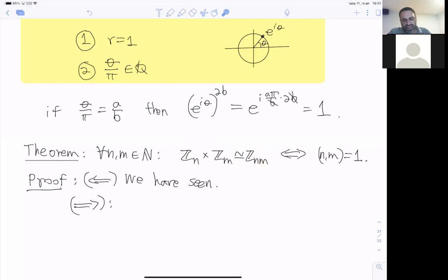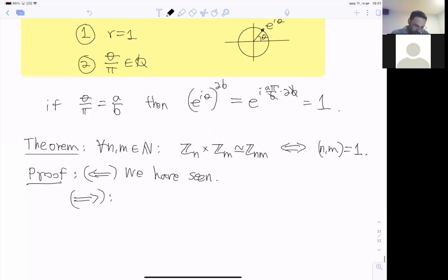And we have already said that you have only one cyclic group up to isomorphism given an order. So we know that Zn times Zm is cyclic.